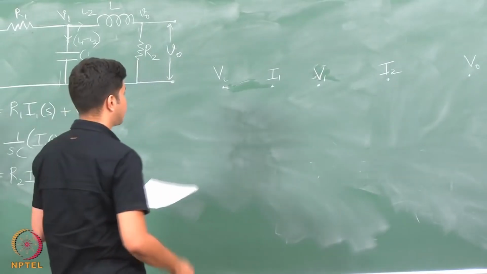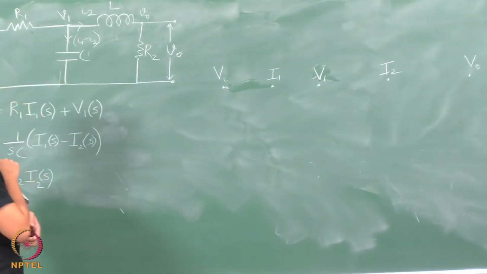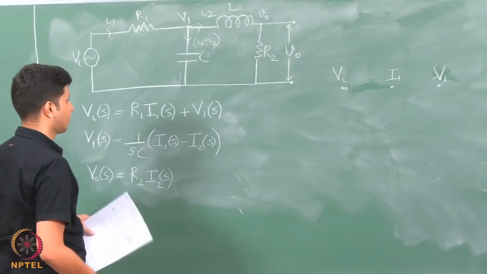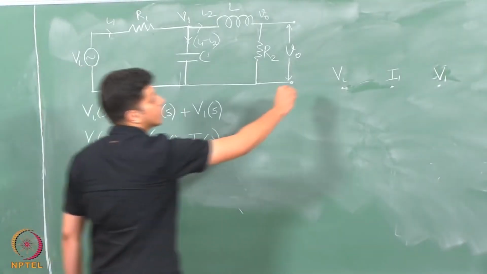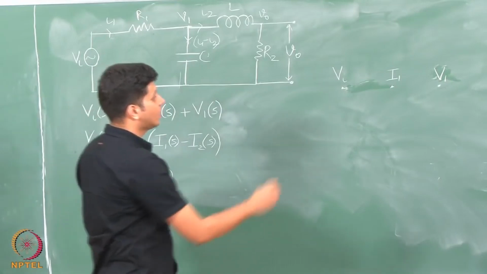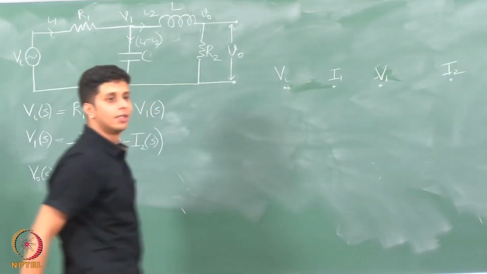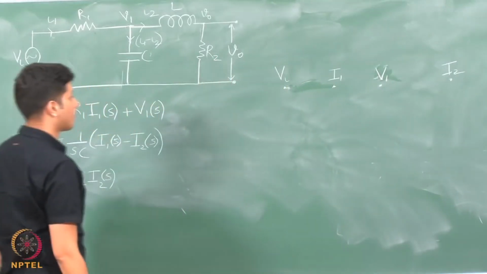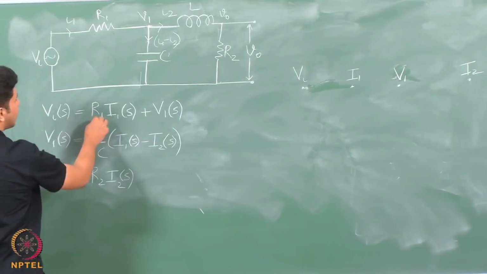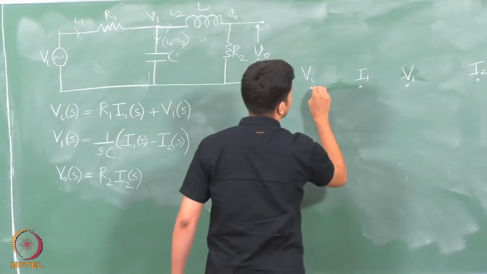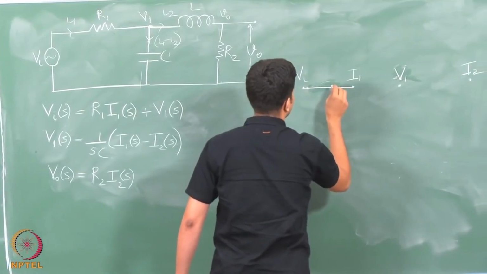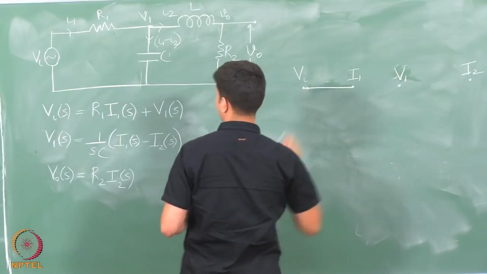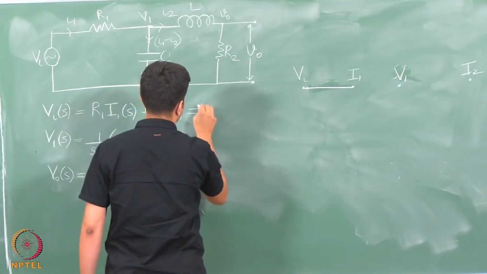How do we connect these nodes using the signal flow graph? As we said, we are using the equations to find out what the signal flow graph will be. I have certain equations which relate these variables, and now I need to find the right gains which will connect these things. Firstly, what is the connection between Vi and I1? Vi is nothing but R1 times I1. Because I will be writing I1 in terms of Vi, I need to reconvert this equation first.